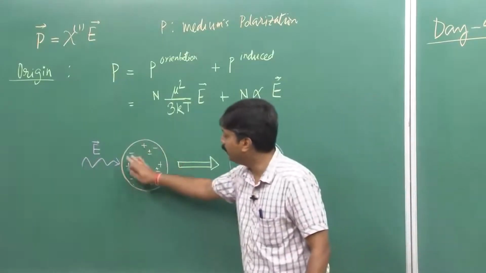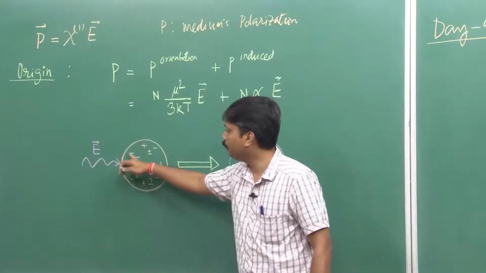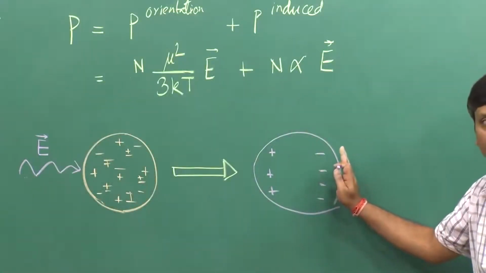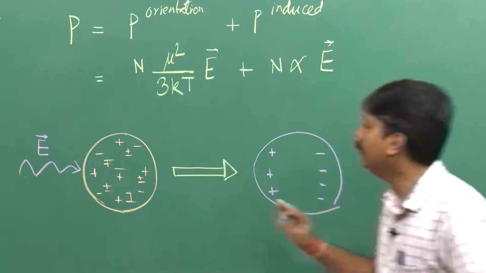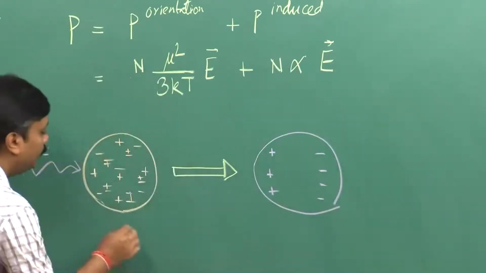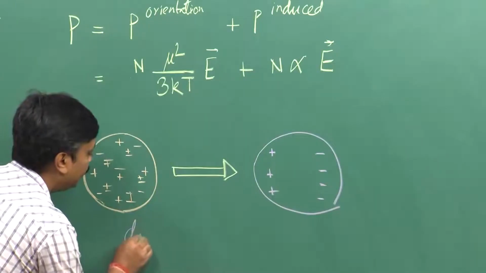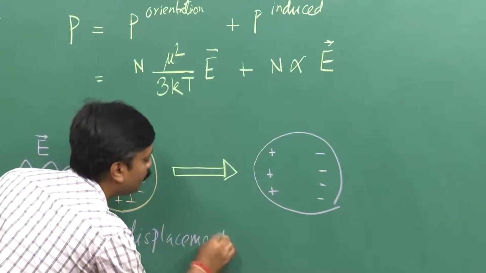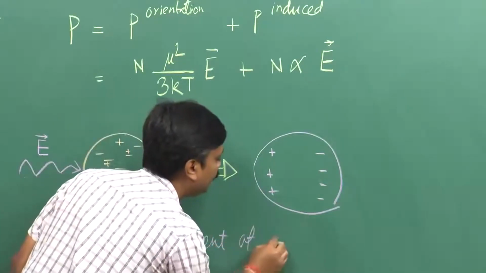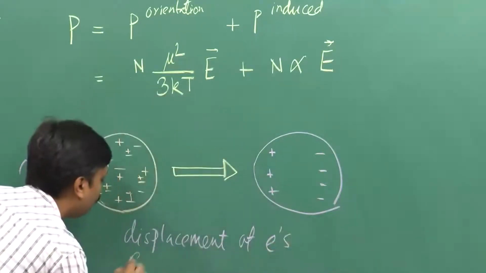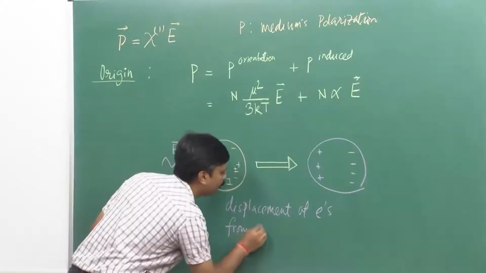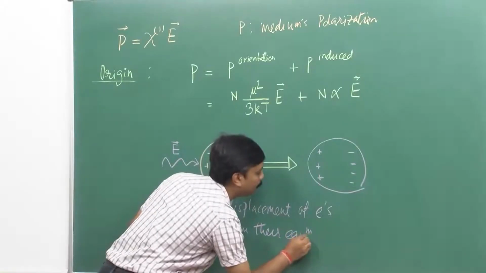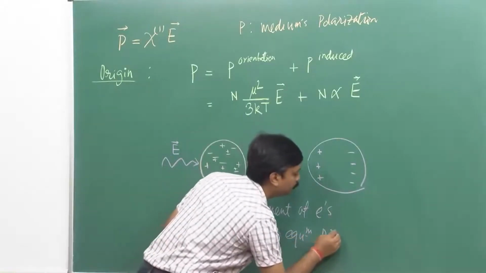So in this picture it was isotropic and some electrons are here. Now here everything is moving in this direction, all the electrons. So this is essentially nothing but the displacement of electrons from their equilibrium positions.